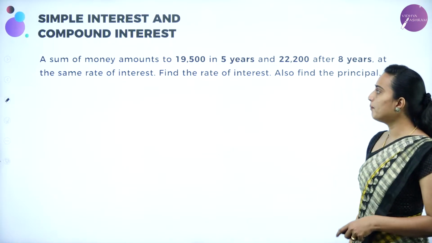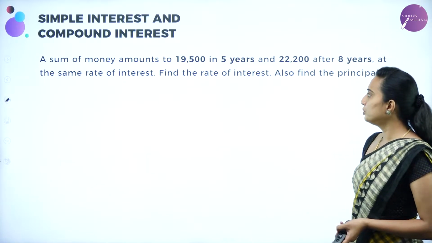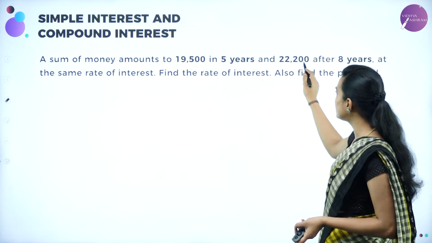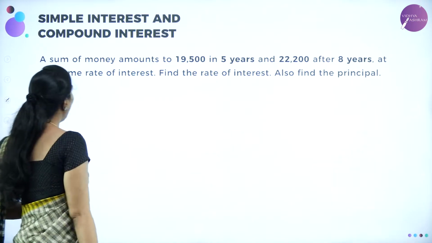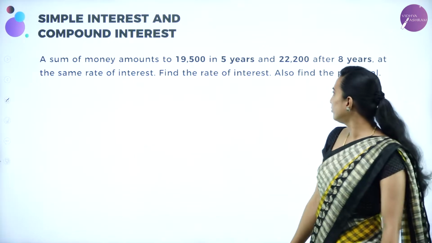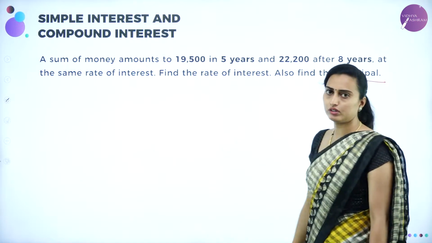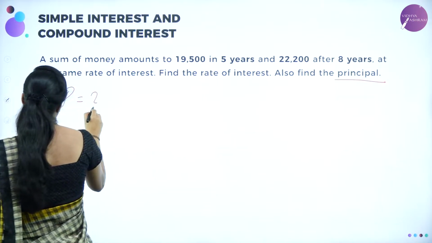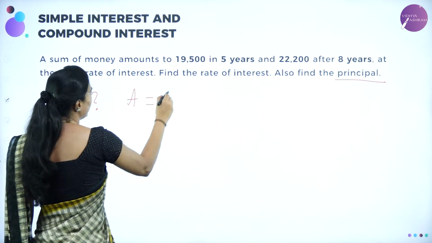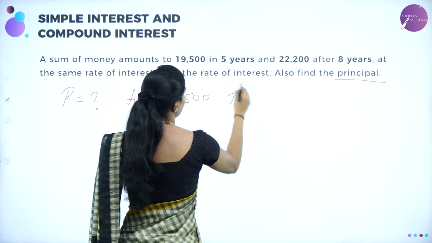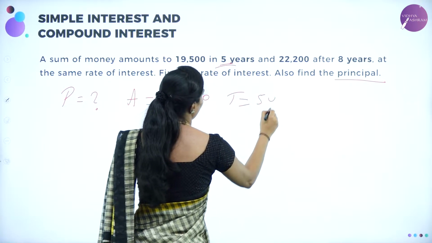What they have given: a sum of money amounts to 19,500 in 5 years and 22,200 after 8 years at the same rate of interest. Find the rate of interest, and also find the principal amount. So, let me take first: principal amount is equal to question mark, and the amount they have given is 19,500, and then T they have given as how many years? 5 years, right?